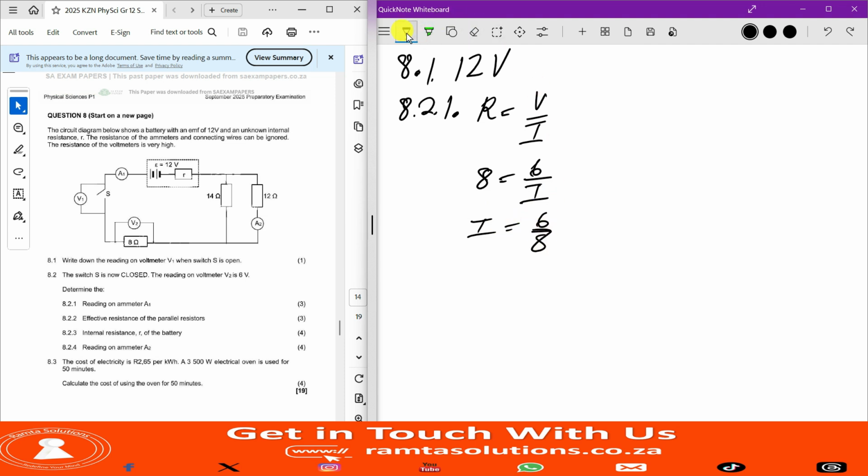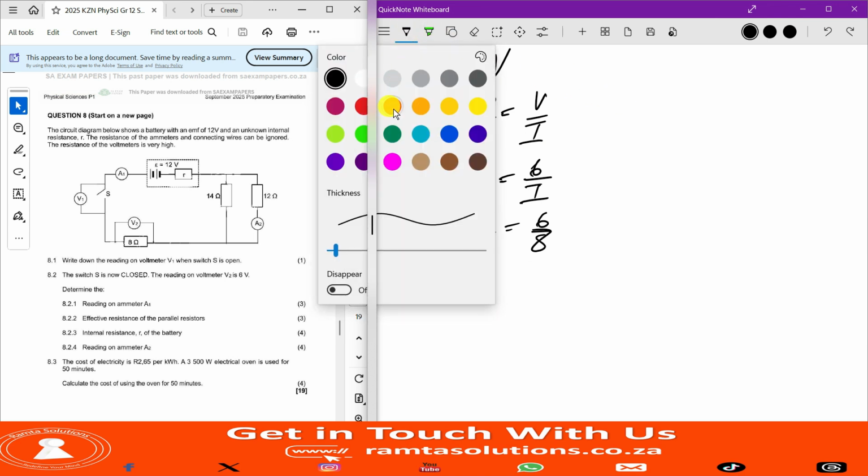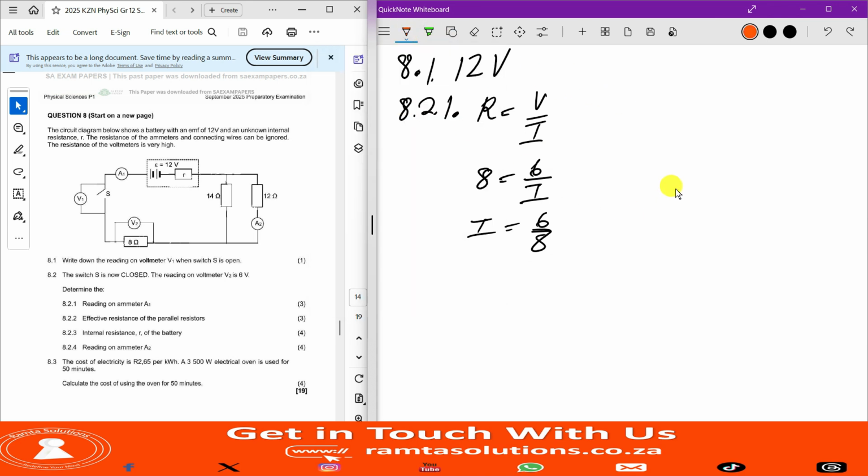For those that are somewhat struggling with this, multiplying throughout by I, you will have 8I equals 6. Then of course, when you divide throughout, you will get this.